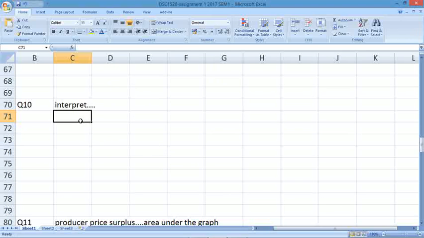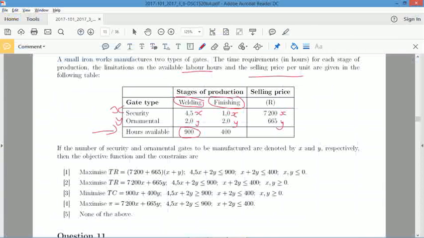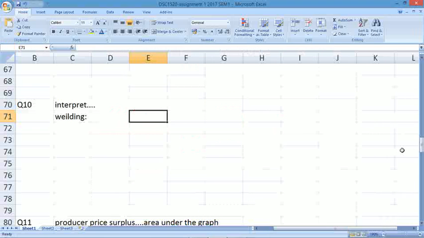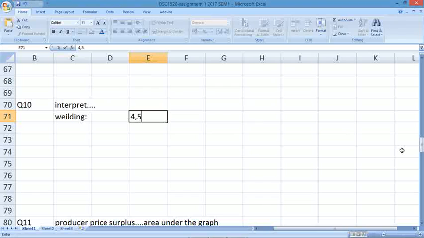Welding. How many hours do you have available? The question said it's 900 hours. So 4.5x plus 2y must be less than or equal to 900.